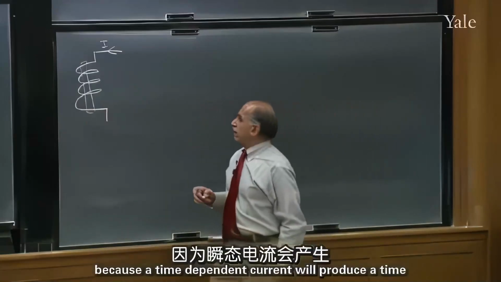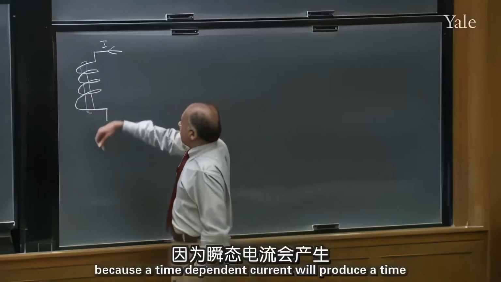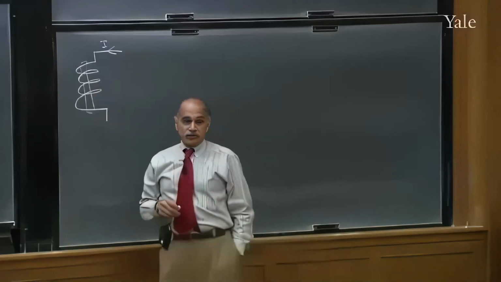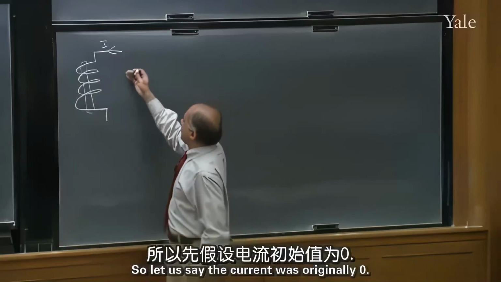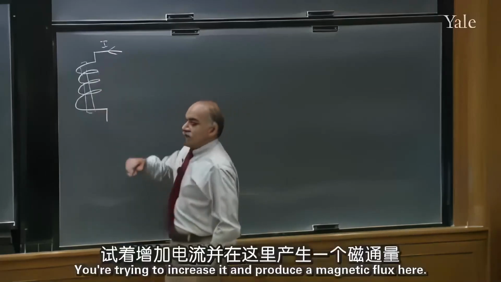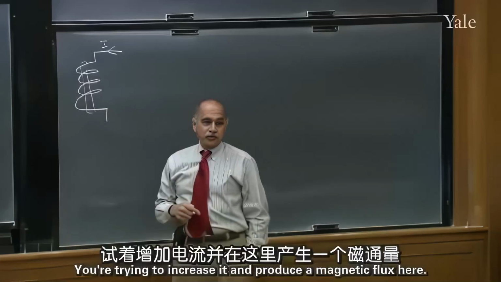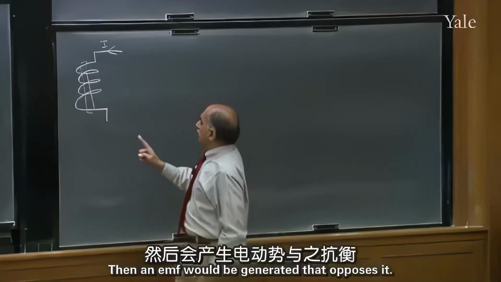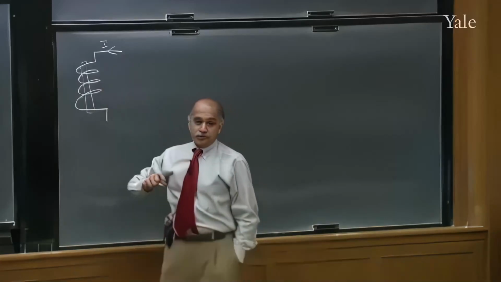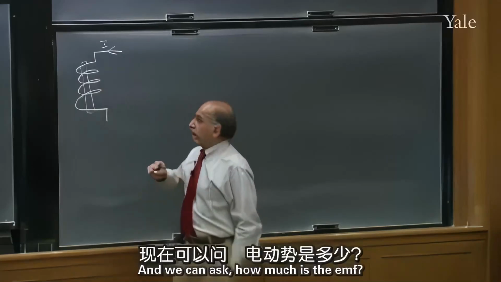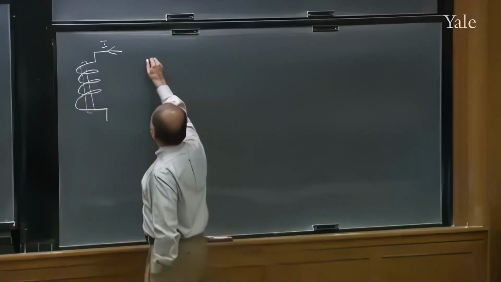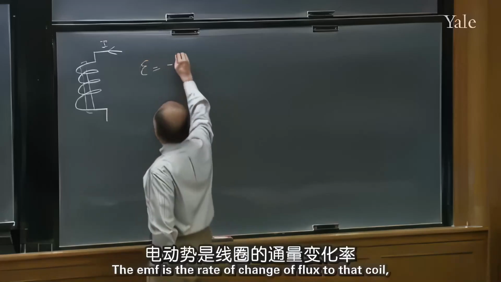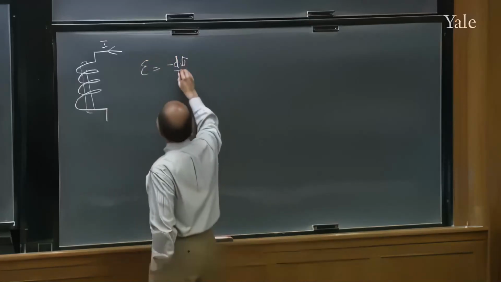Because a time-dependent current will produce a time-dependent magnetic flux through this. So let us say the current was originally 0. You're trying to increase it and produce a magnetic flux here. Then an EMF will be generated that opposes it. And we can ask, how much is the EMF? The EMF is the rate of change of flux through that coil.